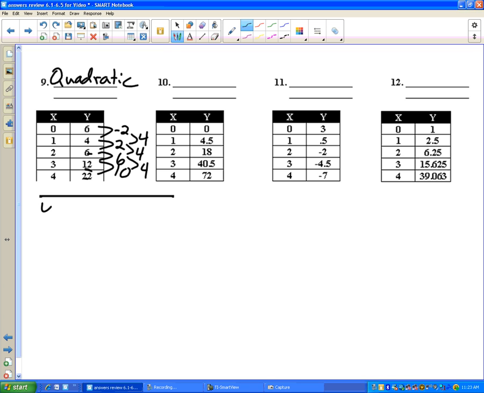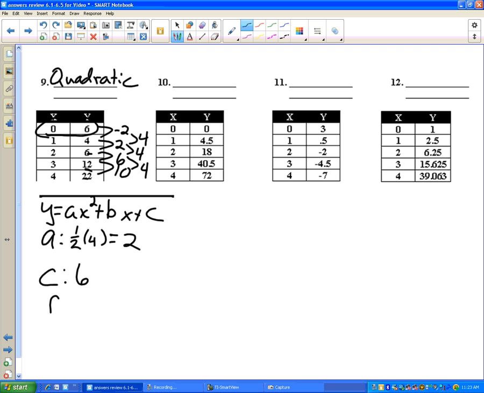Okay, so that's y is equal to ax squared plus bx plus c. Okay, I need to find a, b, and c. A is half my second difference, so half of 4 is 2. C is y when x is 0, so c is 6. To find b, I use FUD. My first difference is equal to a plus b.